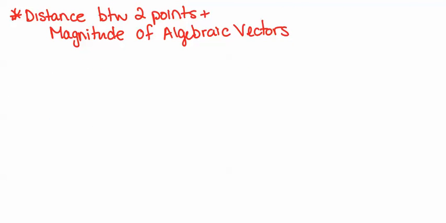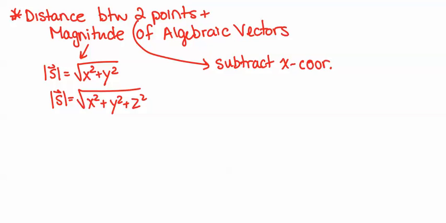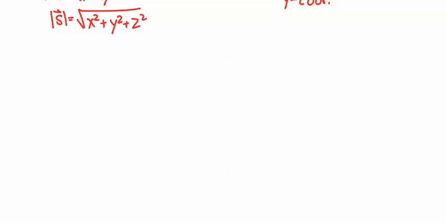We already know we calculate the magnitude of a vector by doing the Pythagorean theorem if we're in 2 space or 3 space. And then to find the distance between 2 points, we said that we're going to subtract x coordinates and our y coordinates from each other. So we know in theory how to do it. So let's just look at an example.